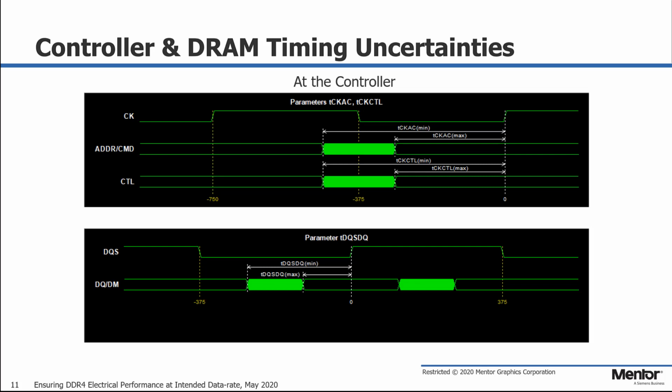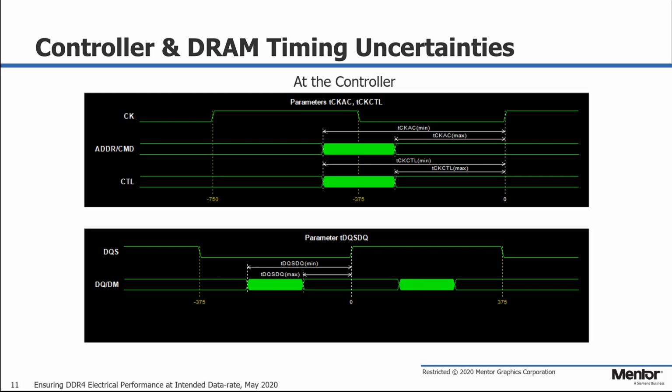At the controller, there is a 180 degree phase shift between clock and ADDR/CMD, but there is a 90 degree phase shift between DQS and DQ signals. The solid green areas define the uncertainties, which is the window in which the signal can occur with respect to the clock edge.